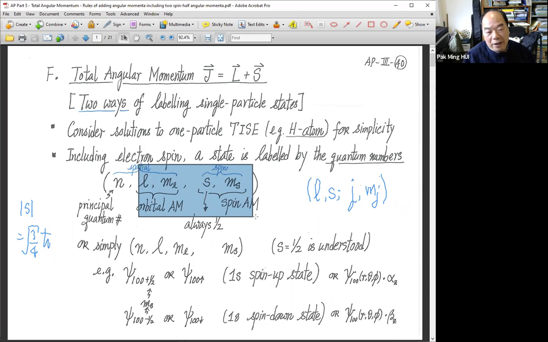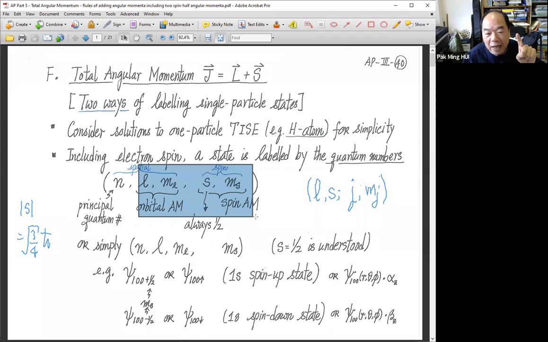Instead of using orbital and spin separately, we want to add them up and then describe the total angular momentum of this combination. You may wonder why. That will come later. Simple answer is, since L and S will couple, will interact, we will need J. If we don't have interaction, then why are we doing that?